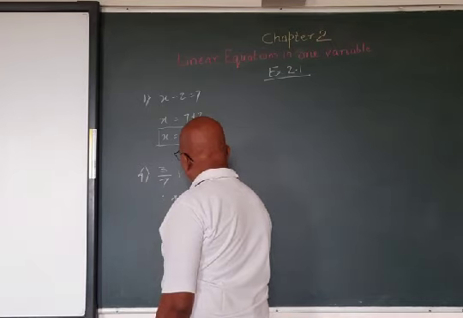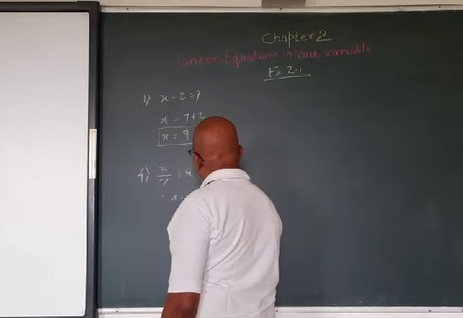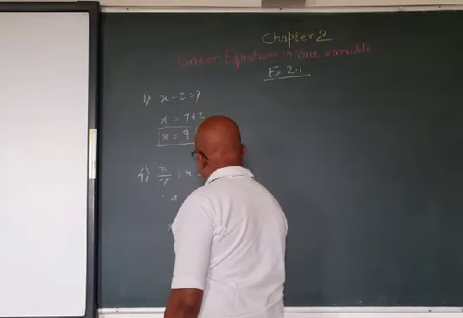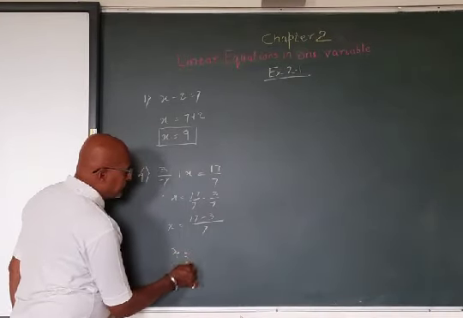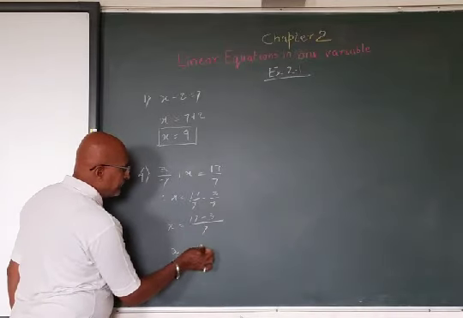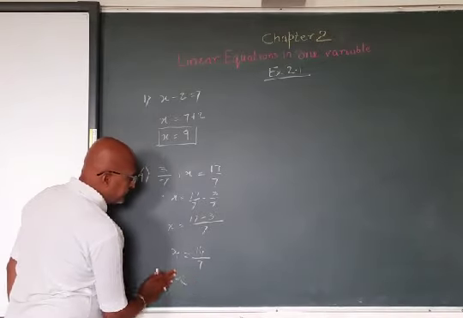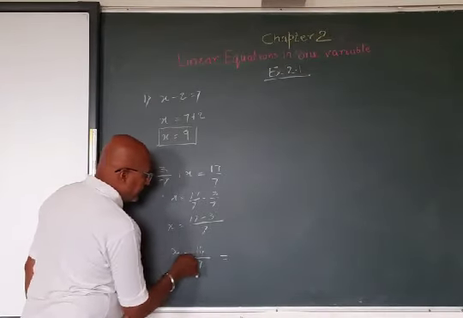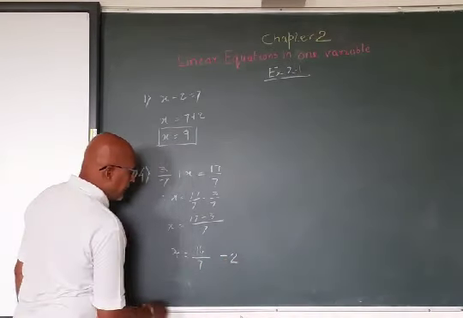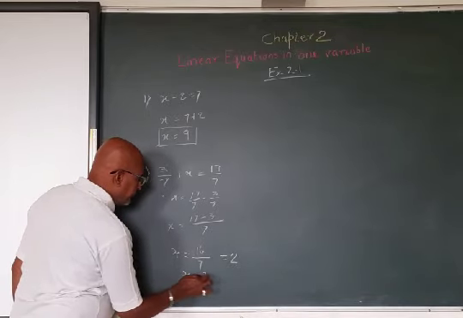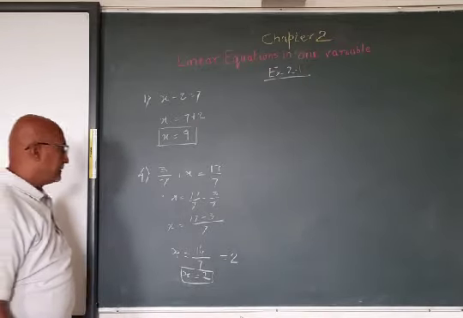As the denominator is the same, we write it as it is, and 17 minus 3. 17 minus 3 is 14 upon 7. So x will be equal to 2. Write the solution, x equal to 2. This is your final solution.